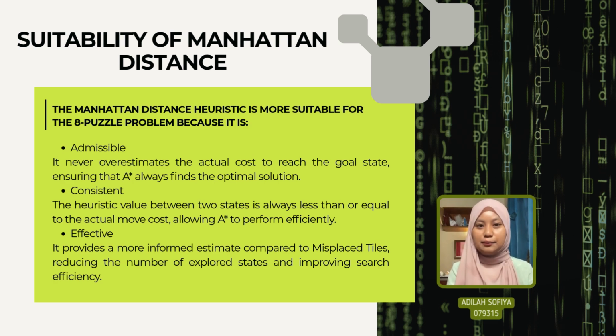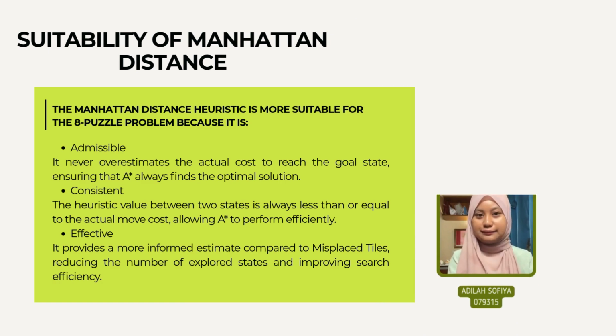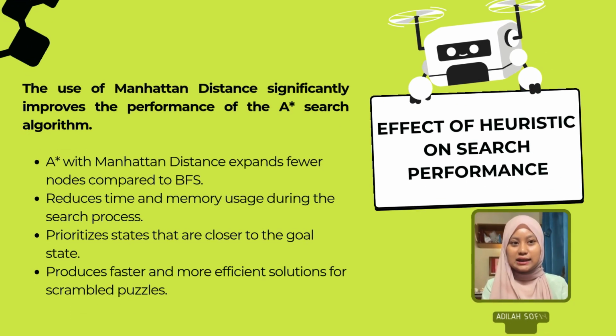So lastly, the Manhattan distance is more effective than misplaced tiles because it provides a more accurate estimate of the remaining moves and reduces the number of explored states. So the Manhattan distance heuristic significantly improves the performance of the A-star search algorithm.